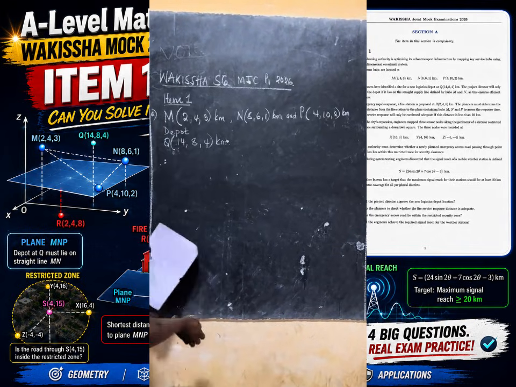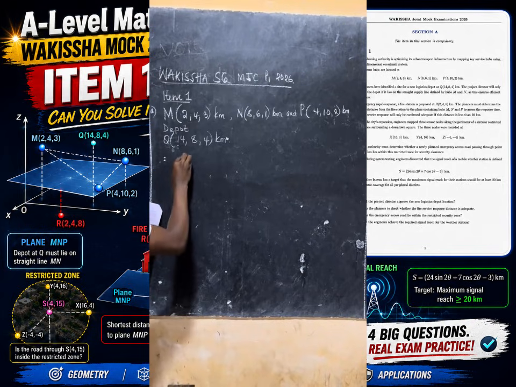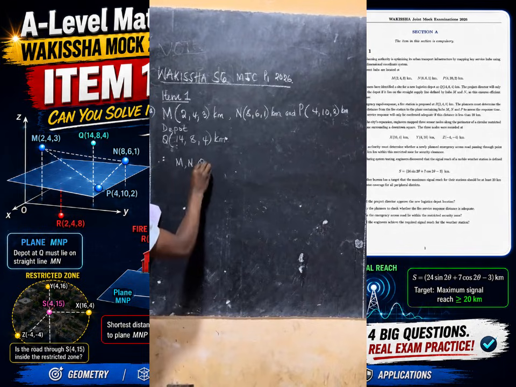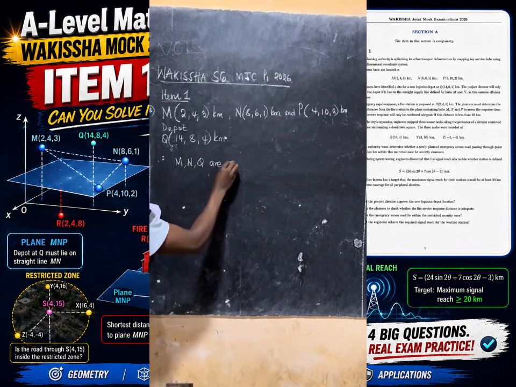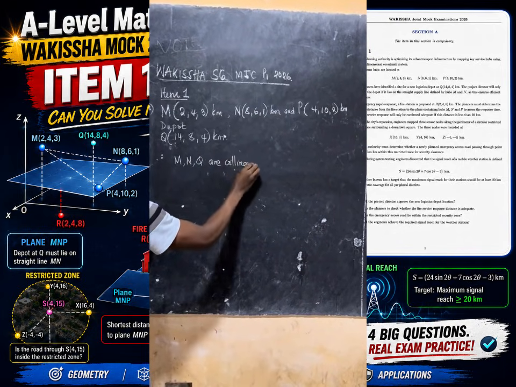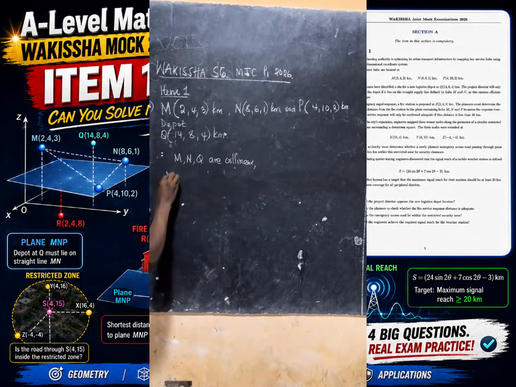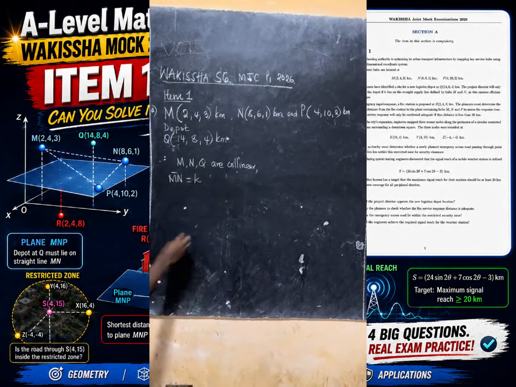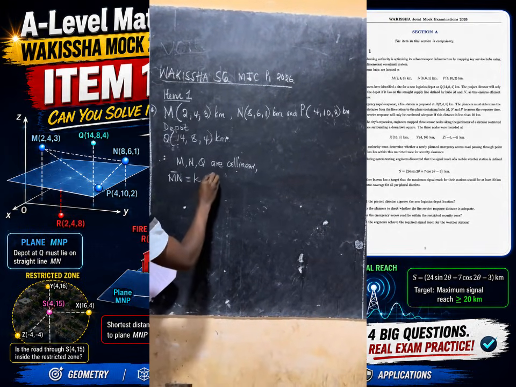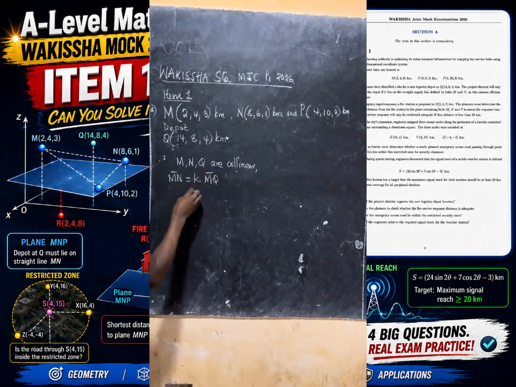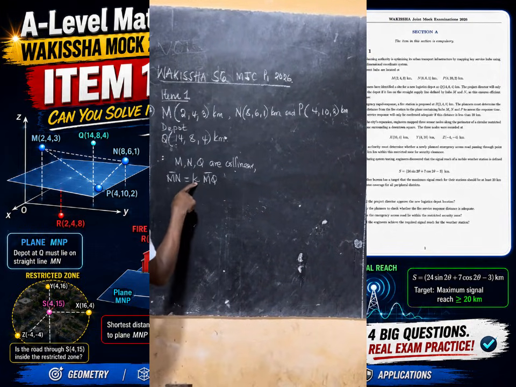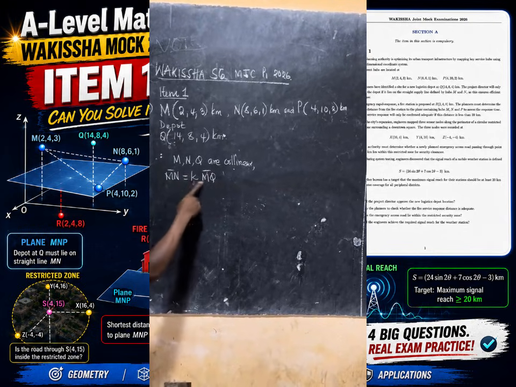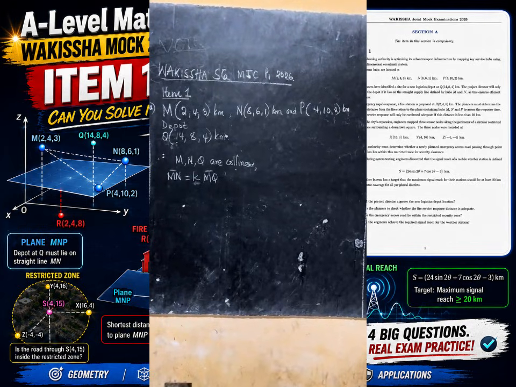If M, N, and Q are collinear, then MN will be equal to a constant times MQ. There will be a common constant that relates MN with MQ. That is what we are going to look out for.